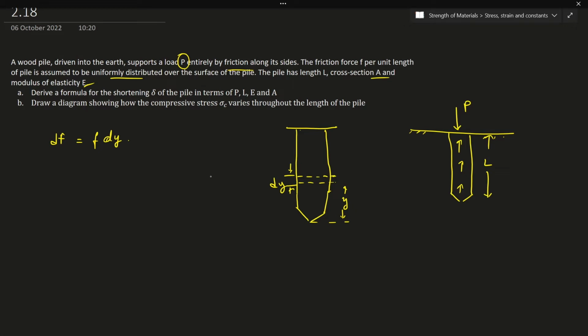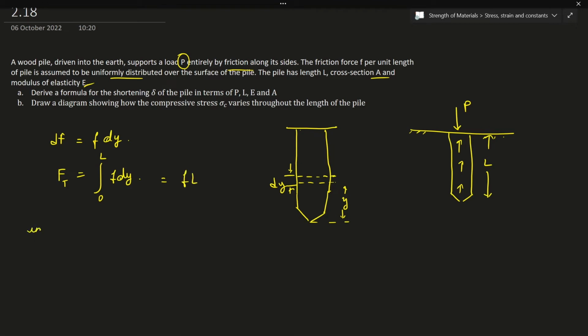If I want the total frictional force, I'll have to integrate this. So the total frictional force will be the integral from 0 to L of F dy, which is nothing but F into L minus 0, so we'll have FL.